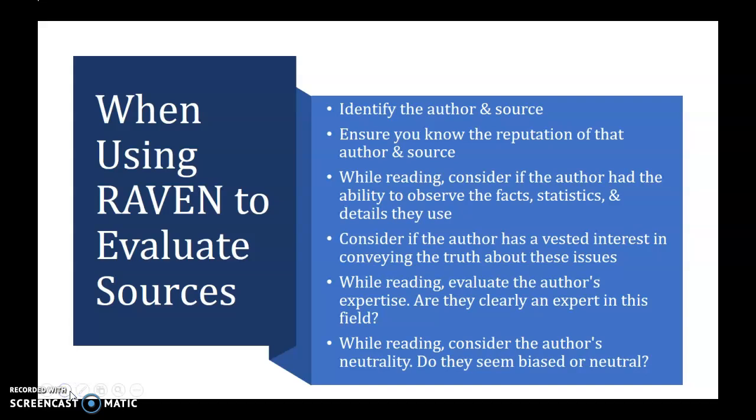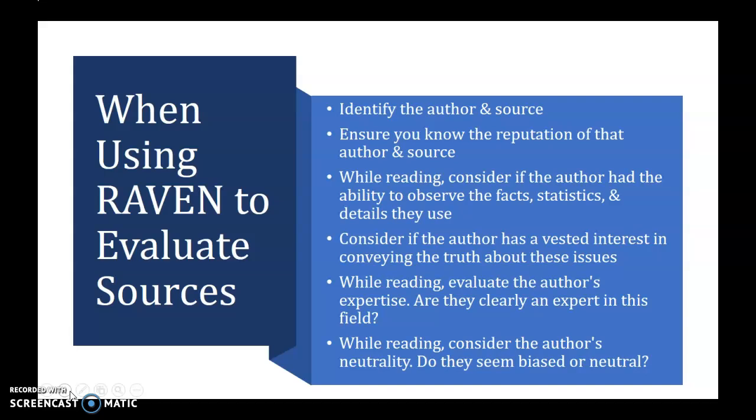So when we're looking at these 5 pieces to evaluate a source, the first thing we need to do is identify the author and identify the publication. Google those things. Make sure you know the reputation of that author and that source. Okay, who are they? Are they reputable?